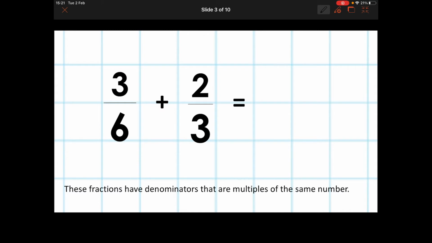To do this, we must find the lowest common multiple. Let's have a look at our fractions. We have 3 sixths and 2 thirds. So I need to find the lowest common multiple of 6 and of 3.